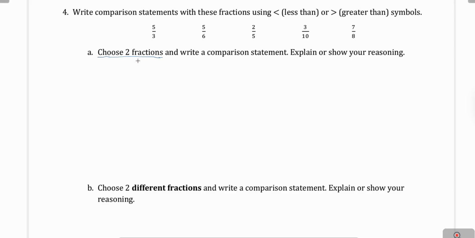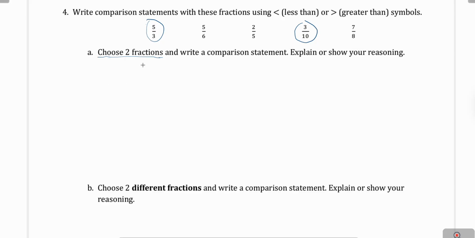We can pick any two really, but let's go with the obvious easy ones. I like this one, so let's choose 5/3, and let's choose something like 3/10.